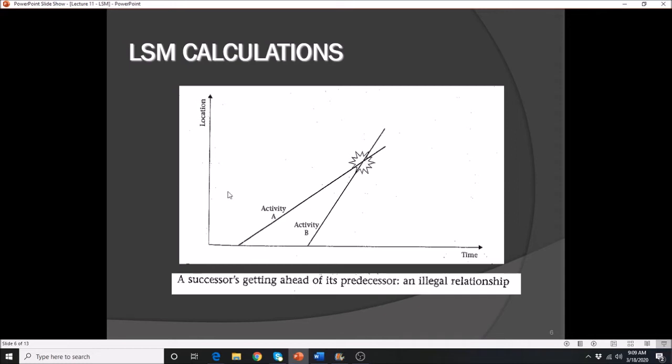So at this particular point, we will make the resources for activity B wait, so they become idle. In that case, we will let your workers sit down or do something, and that is inefficient. We are already paying them. So make sure that we avoid any of these intersections. That is the goal of the buffer, to get away from any of those intersections.